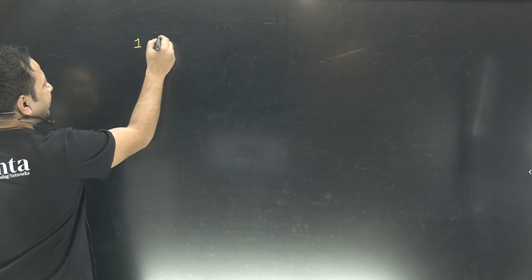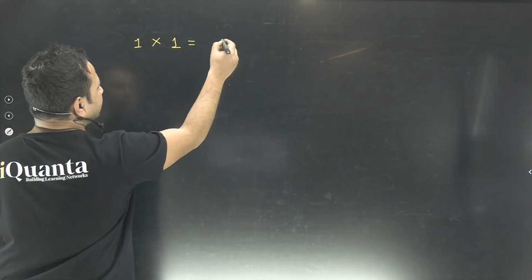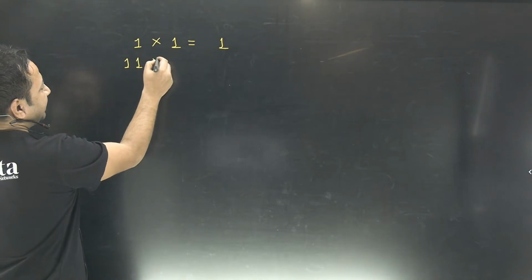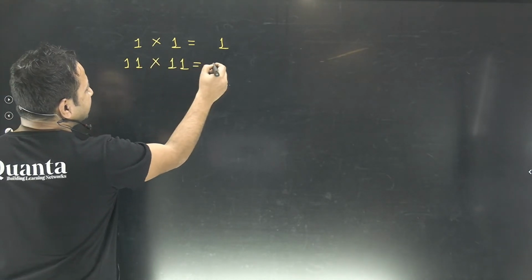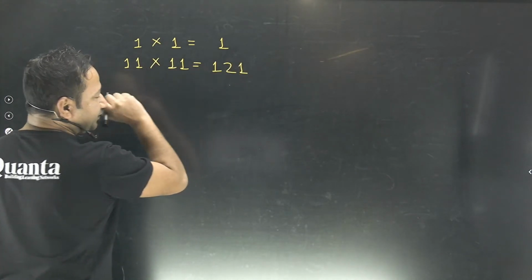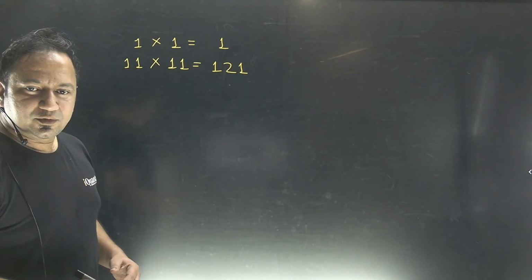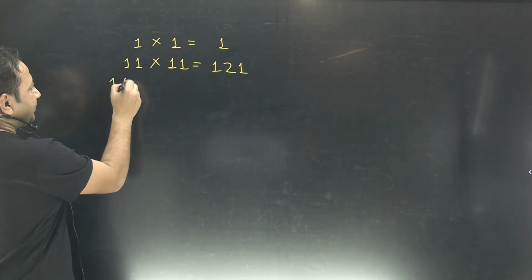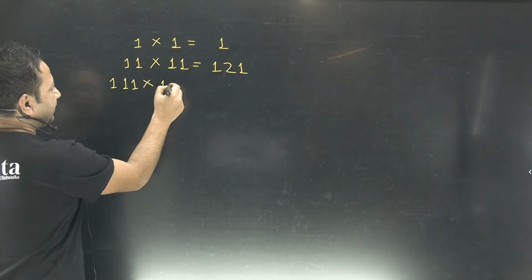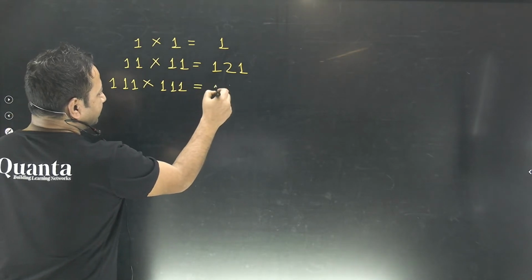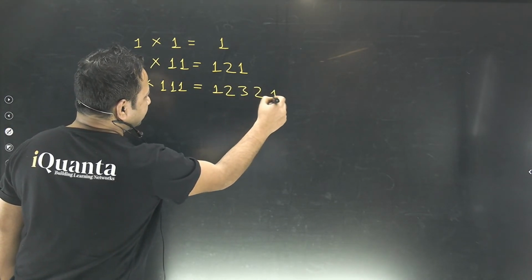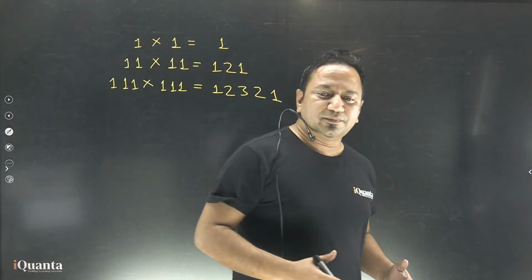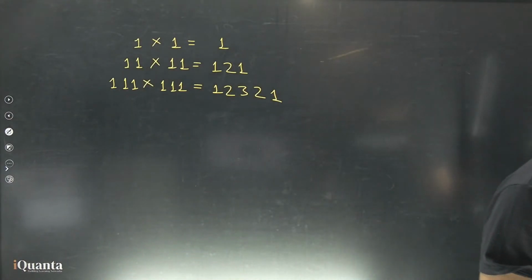1 multiplied by 1 is equal to 1. Everyone knows that. 11 multiplied by 11 is equal to 121. Then if I write 3 ones, 111 multiplied by 111, that will be equal to 12321. So what is the logic that is following over here?